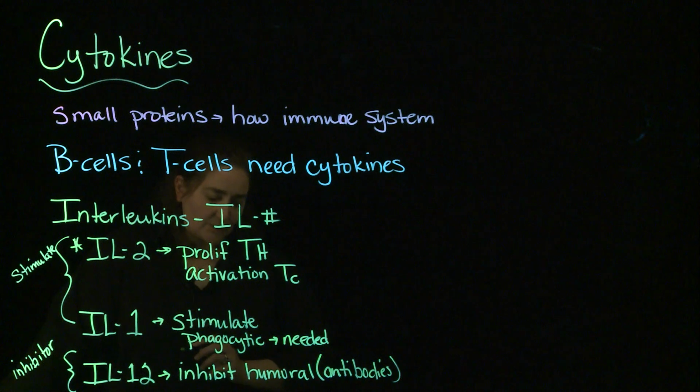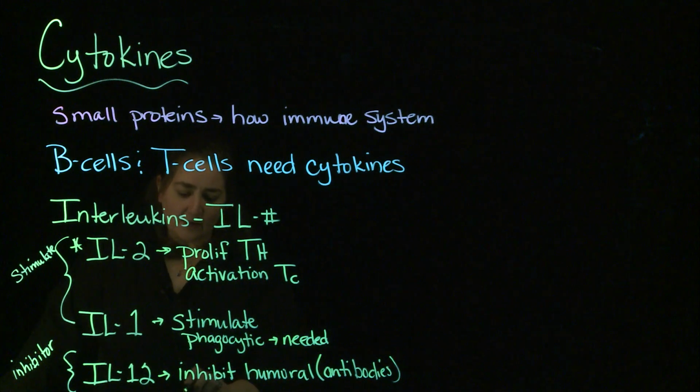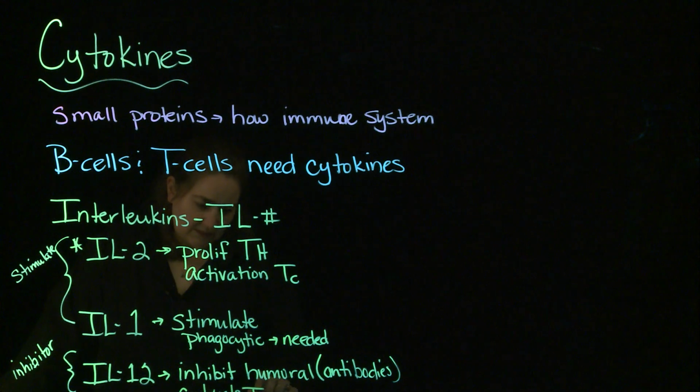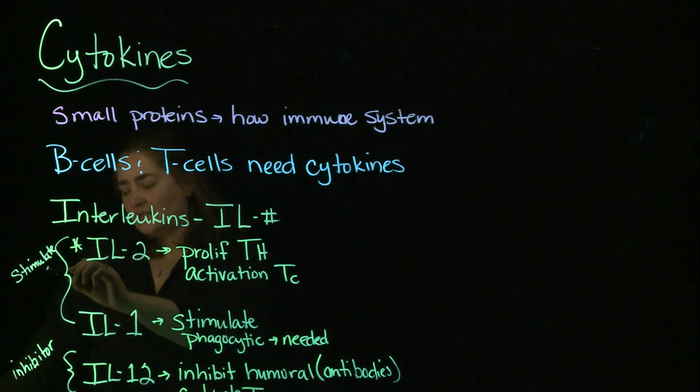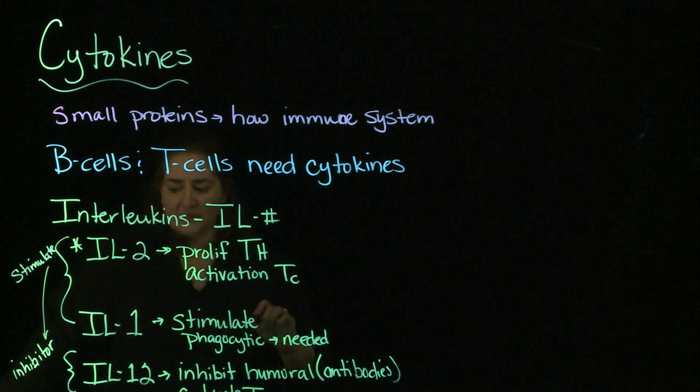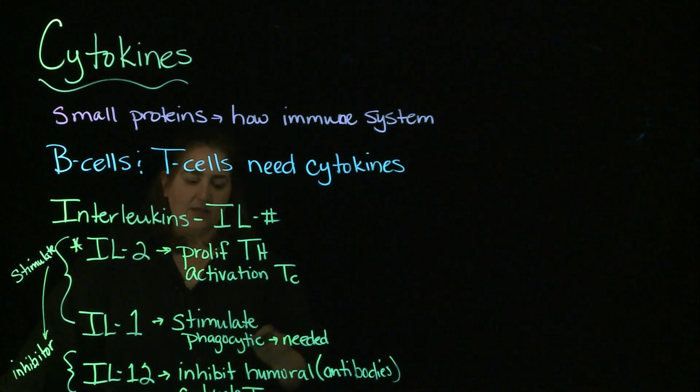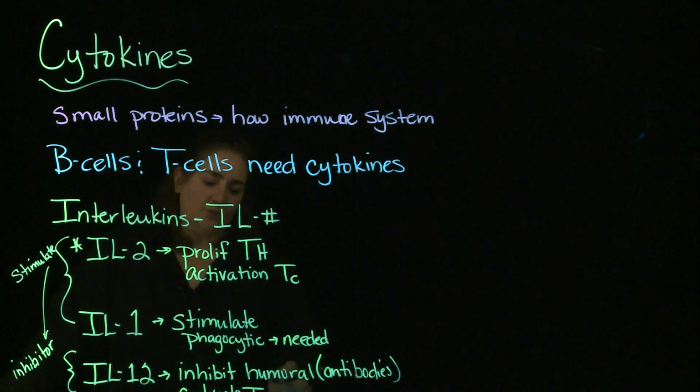So it has an inhibitory step that way, but it also will activate T helper 1 cells. So it has both functions, stimulation and inhibition, depending on whether we're talking about humoral or cell-mediated immunity.